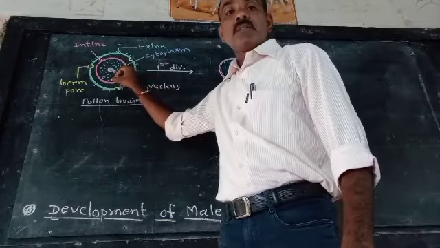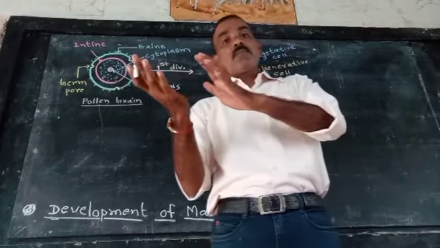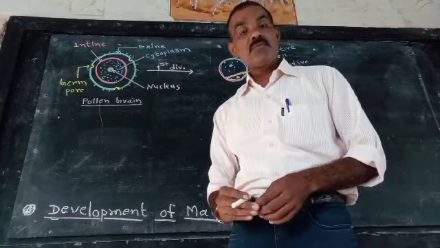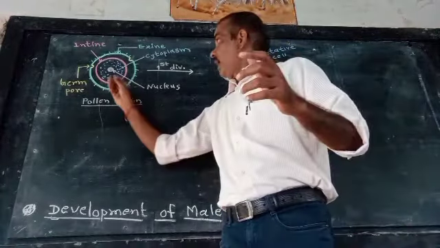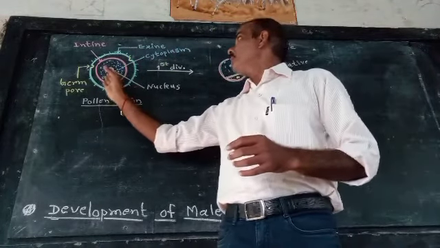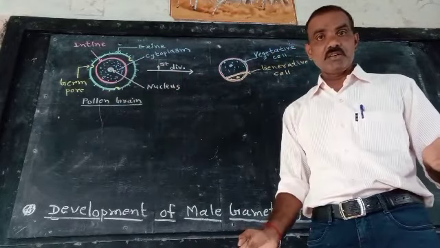After that, what happens? That pollen grain is transferred from one flower to another, or on the same flower, by the process of pollination. Transferring pollen grain from anther to stigma is pollination.